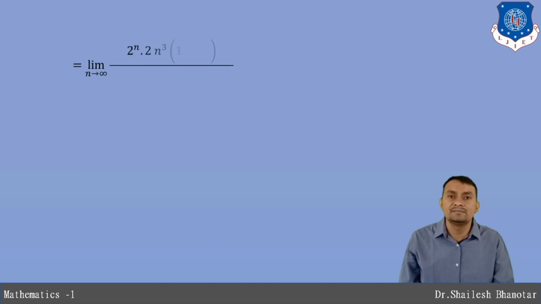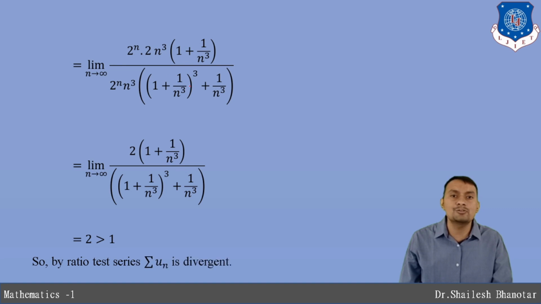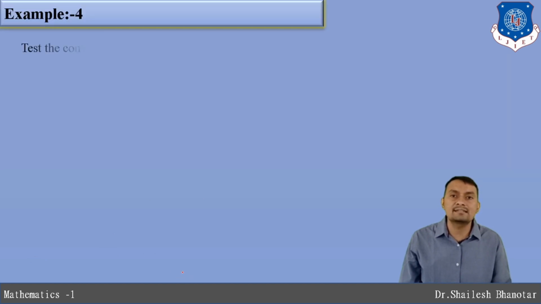So 1 plus 1 by n cube, I want n raised to cube common, so 1 plus 1 by n raised to cube, divided by 1 divided by n raised to cube, and this cancels out, so you get this one. When you apply the limit, you get only 2, which is greater than 1, and therefore according to the ratio test the series is divergent.